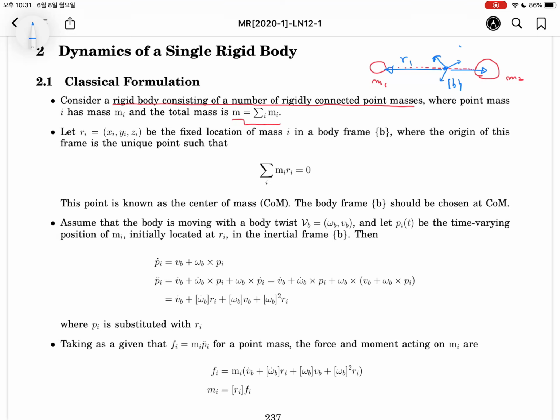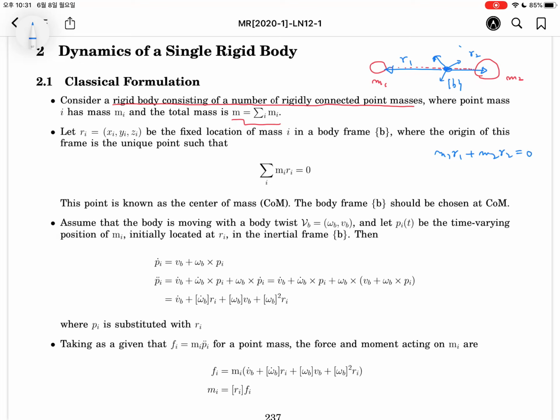This rigid body has two masses, so R1 and R2 will have opposite signs. Here, M1 times R1 plus M2 times R2 can be zero by adjusting the position of the body frame.